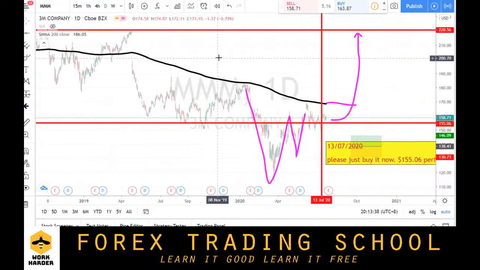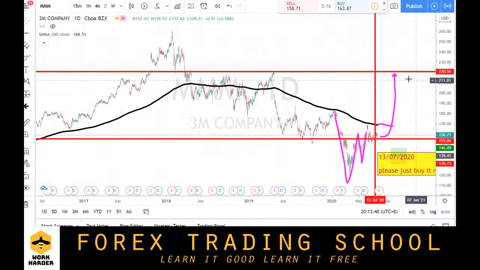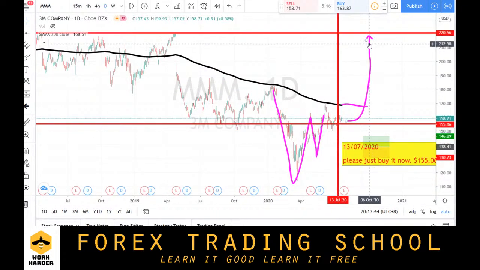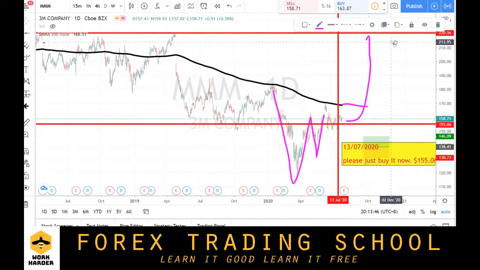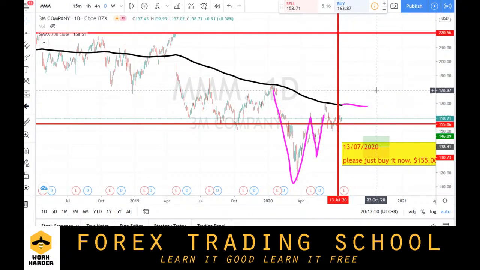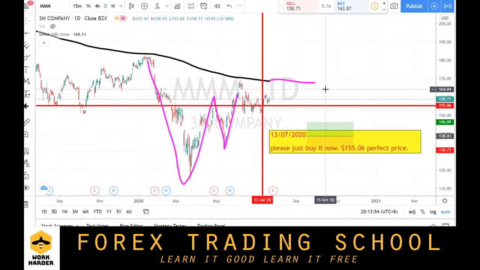Okay, somewhere here. I take profit at about $220. Not such a short time frame, but a longer time frame, might take quite some time to reach. Same as usual, 1% of your capital in this trade.